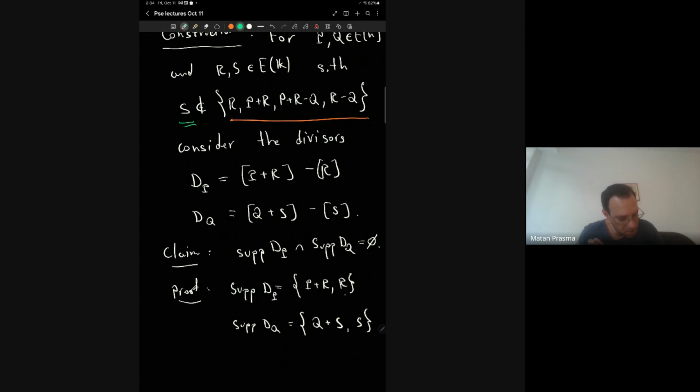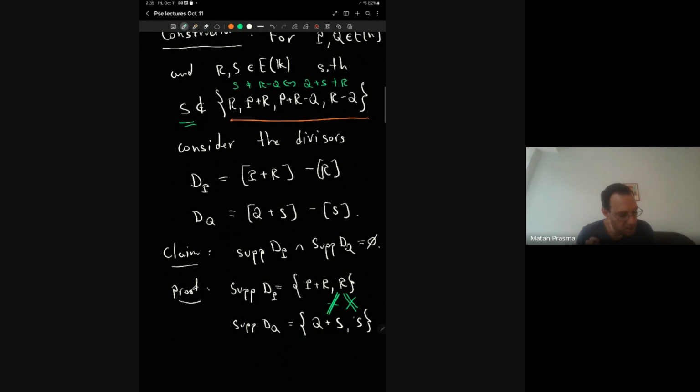So these two are different. Then Q plus S cannot be equal to R as well because S is not equal to R minus Q. So this is equivalent to saying that Q plus S is not equal to R. So I have inequality here.